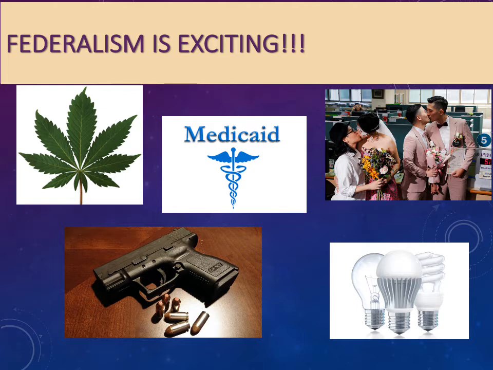And some of these pictures on this slide just sort of show you why federalism is a hot topic. On the left-hand corner there, you have, what is that, a Buckeye leaf? Nope, that's a marijuana leaf. And marijuana, as you saw at the beginning of your chapter, some states have legalized marijuana, both for medical and recreational use.